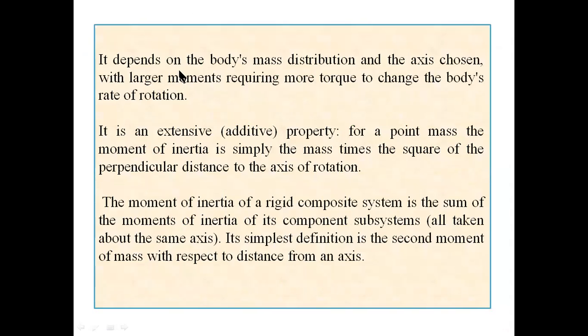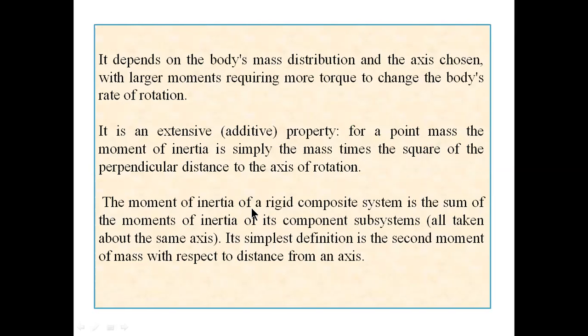It depends on the body's mass distribution and the axis chosen, with larger moments requiring more torque to change the body's rate of rotation. It is an extensive property. For a point mass, the moment of inertia is simply the mass times the square of the perpendicular distance to the axis of rotation.